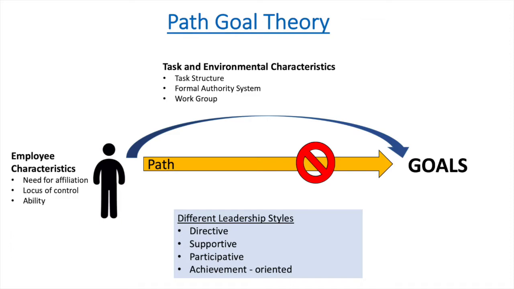You have to look at the characteristics of the employee, which includes their need for affiliation, locus of control, and ability. Then you also have to consider task and environmental characteristics as well, which includes task structure, formal authority system, and work group. Now let's go through each one and examine what they are.